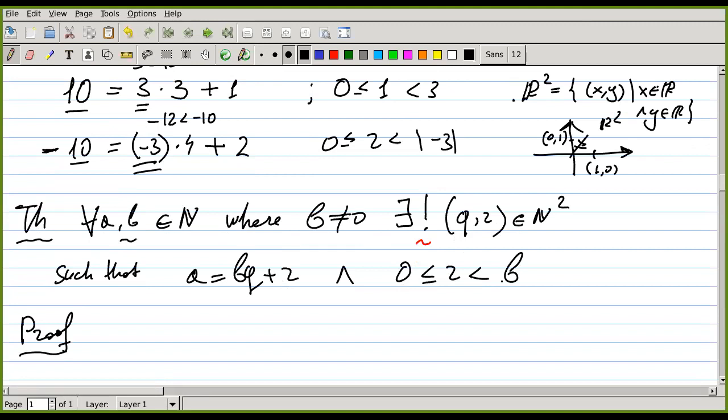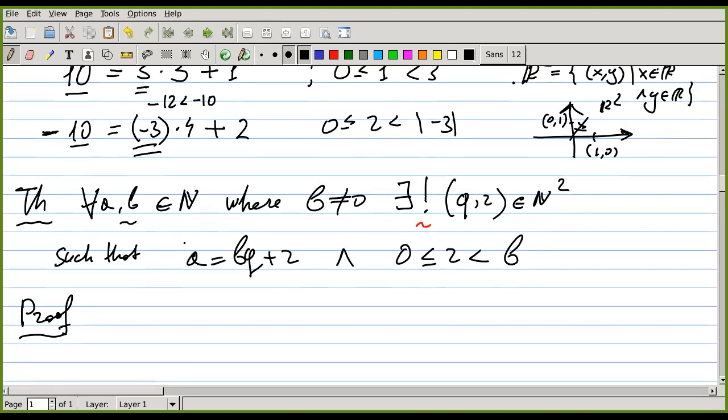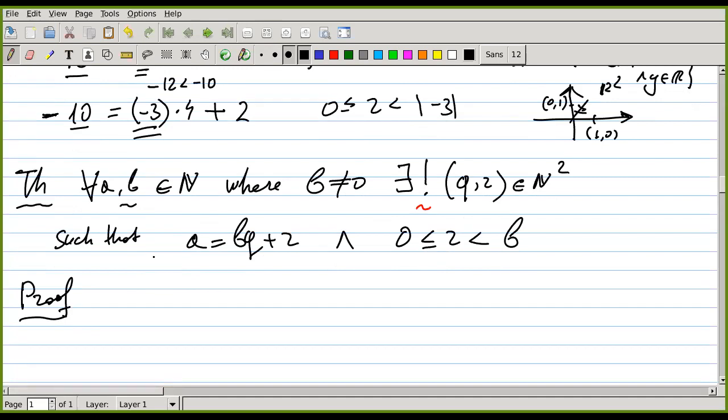It is not needed here to speak about absolute values, because b is a natural number whose absolute value coincides with itself. These are naturals, that is non-negative numbers. So I hope it is clear.